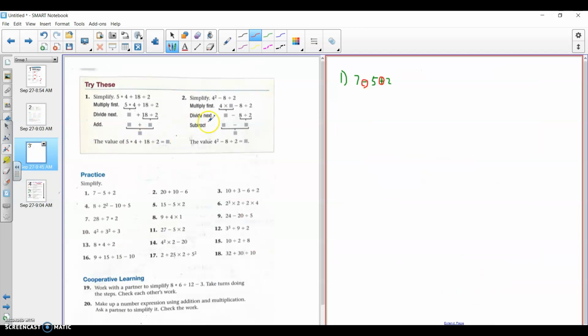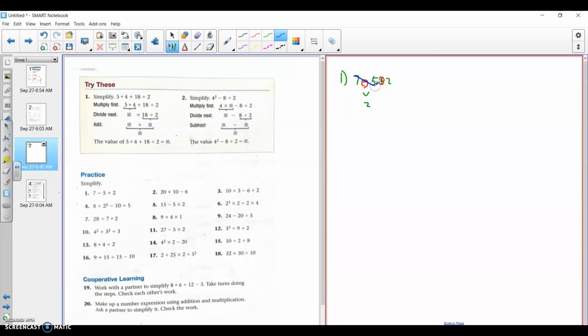So back to my work here. I need to do 7 minus 5, and I can do a little caret symbol to help me. I like that, and I think you should get in the habit of it. So 7 minus 5 is 2, especially if I have to come over and look at your work, I know exactly what you're doing. So I have finished 7 minus 5.